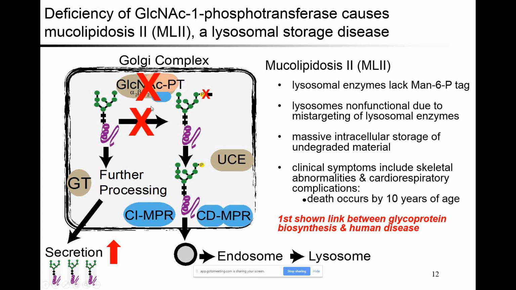So in patients deficient in this enzyme, none of their 60 or so different lysosomal enzymes will acquire that mannose-6-phosphate tag. Since they're not marked for delivery to the lysosome, and since these are soluble enzymes, they're secreted from the cell. So these patients basically have lysosomes that are pretty much devoid of any acid hydrolases.